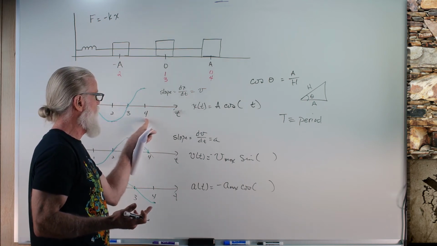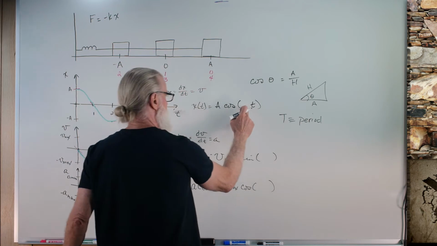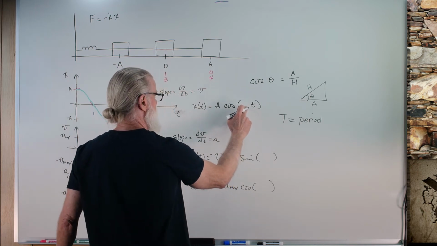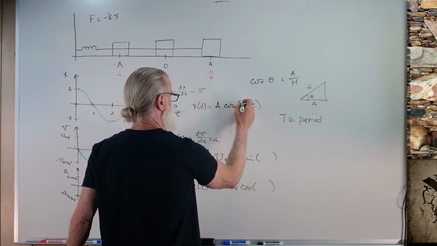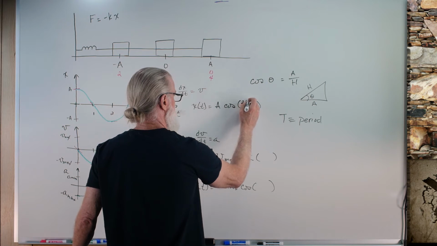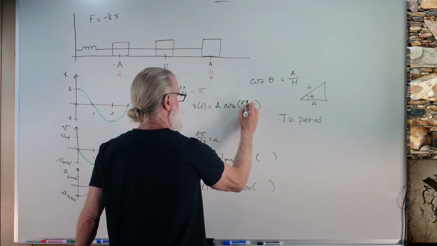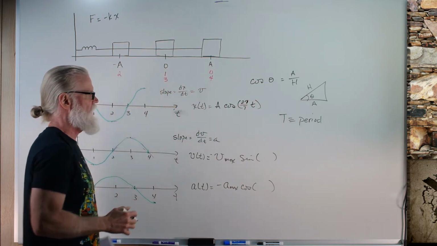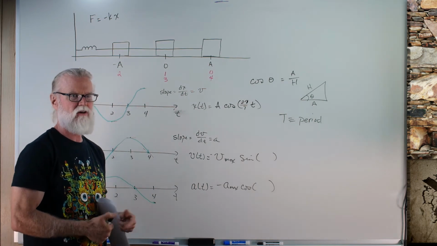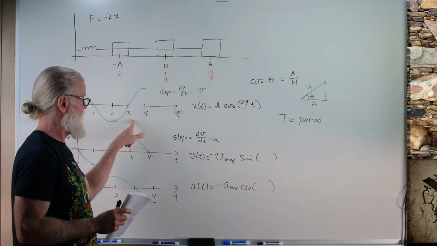So, what would we need to multiply t by to have that be true? Well, if this was 2 pi divided by the period, that would give it to us, right? That would satisfy this.